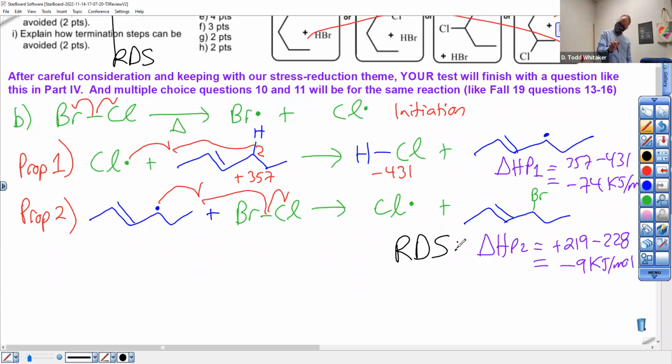But you got to explain how you can use delta H to predict that prop 2 is the rate determining step. You got to use good words. You can't always say delta H can predict which one's faster. You can't. Under what circumstance can we use delta H to predict which step is faster?